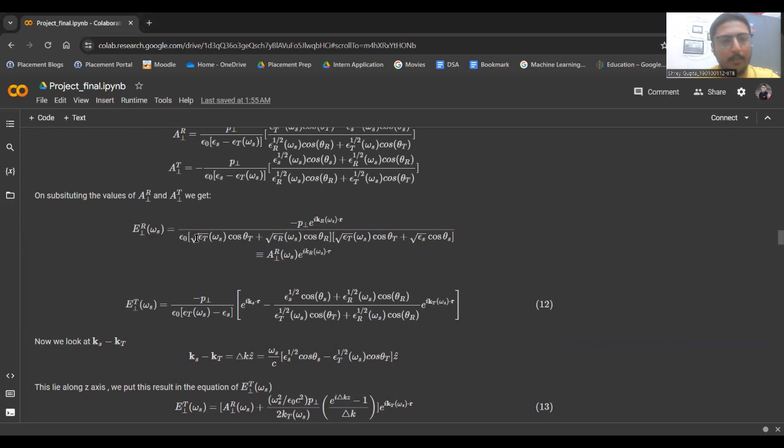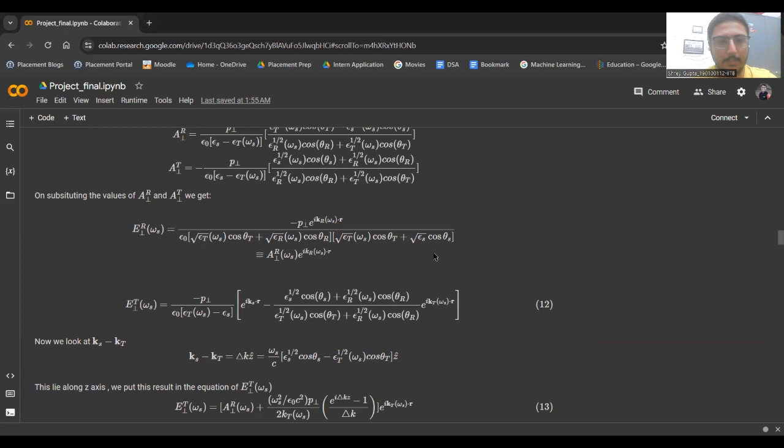So we can see epsilon_t, epsilon_r, and epsilon_s are both of the order of epsilon to the power half, and cos is of the order of 1. So epsilon to the power half plus epsilon to the power half equals 2 epsilon to the power half.